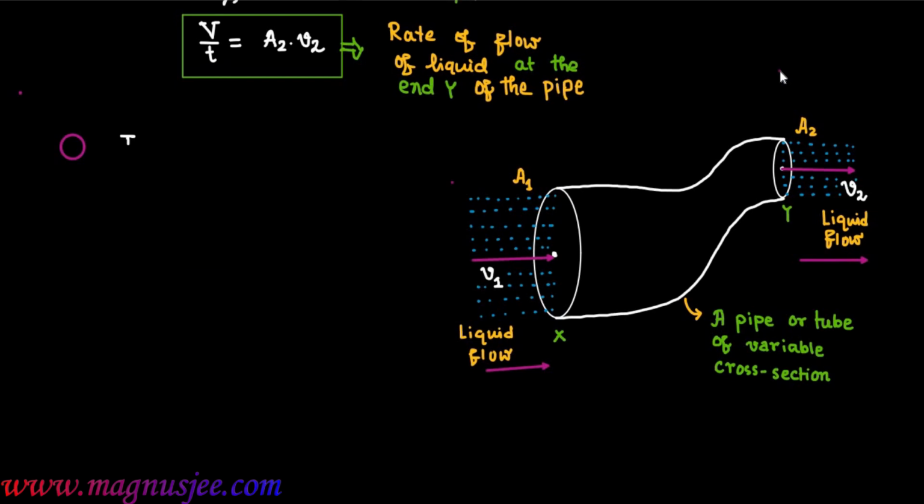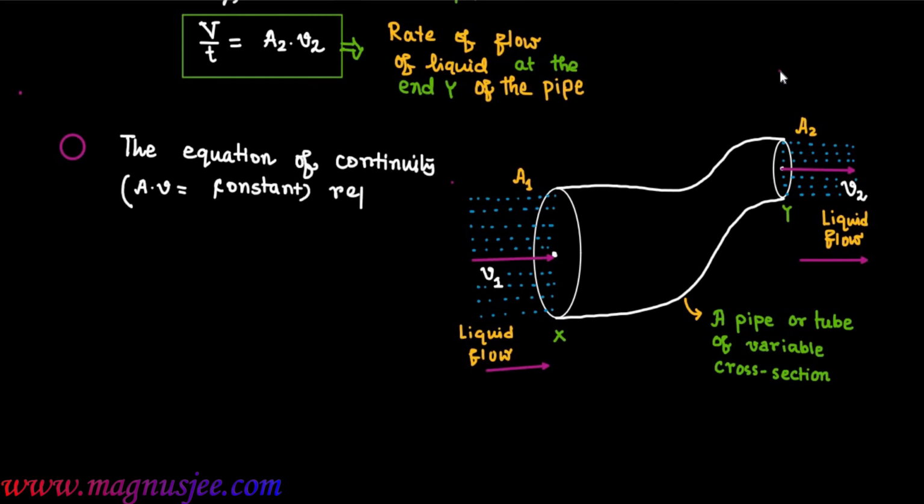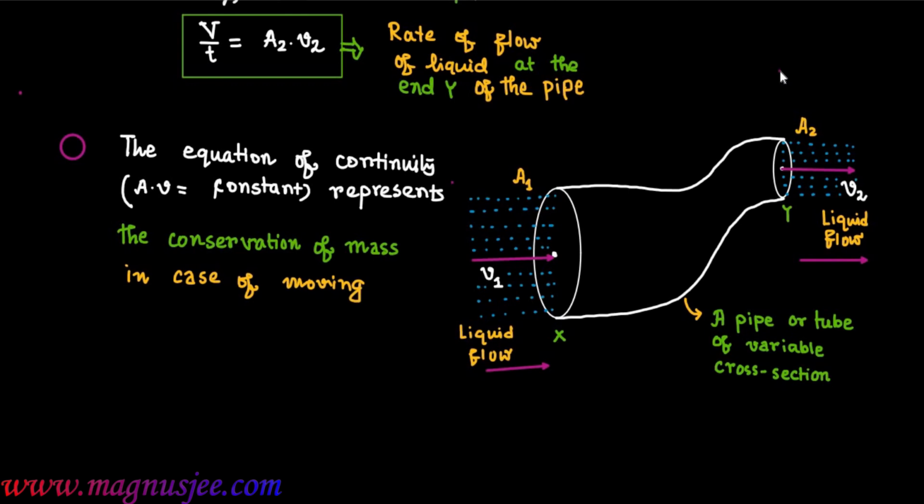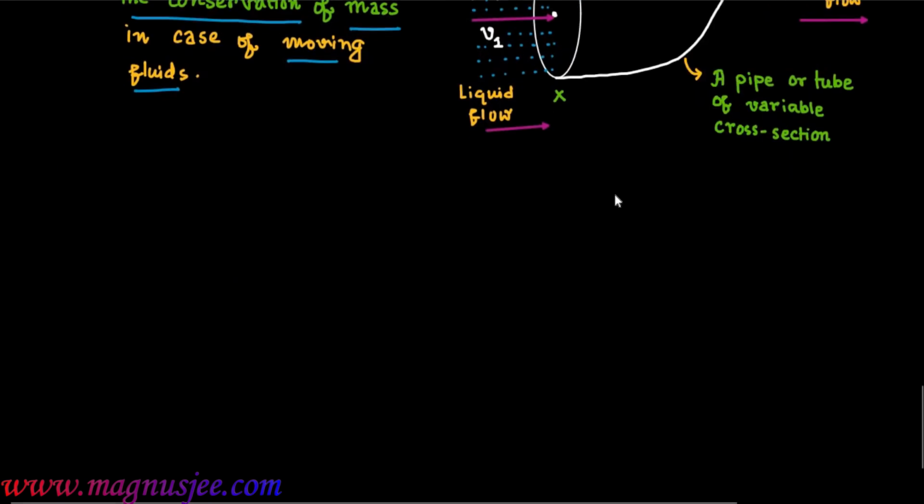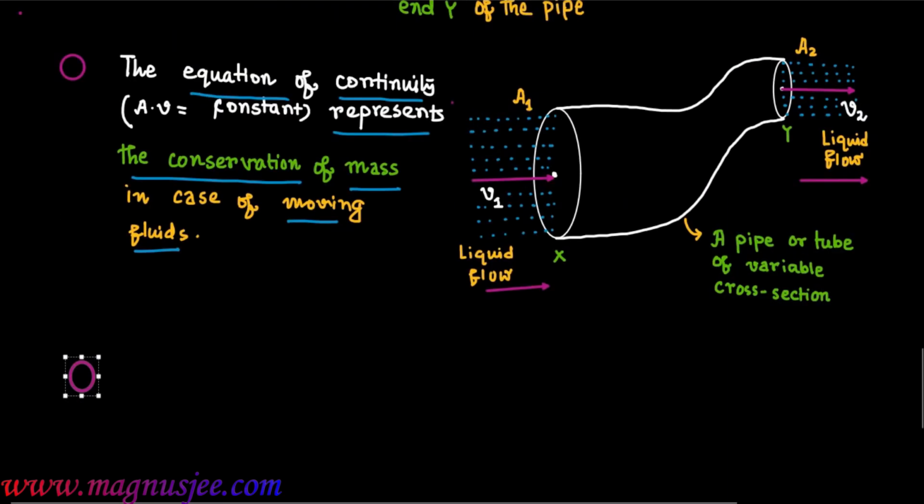Another additional information is the equation of continuity. The equation of continuity, A dot V equal constant, represents the conservation of mass of liquid in case of moving fluids.